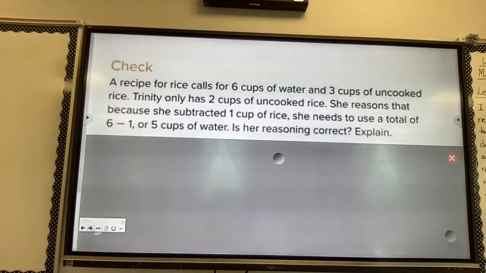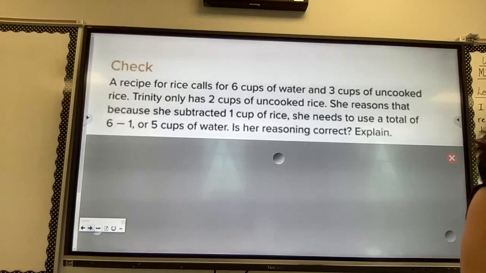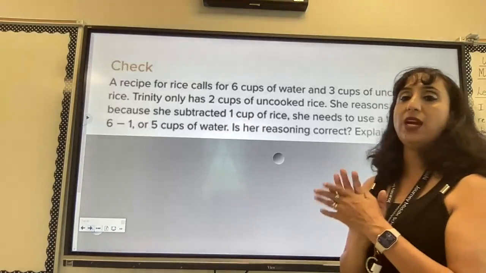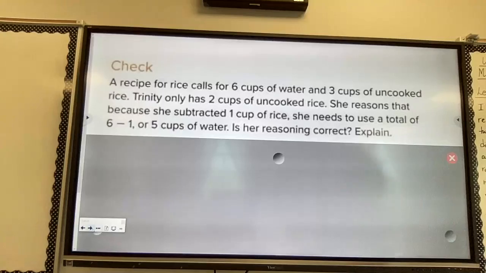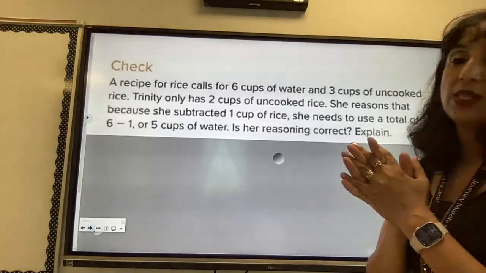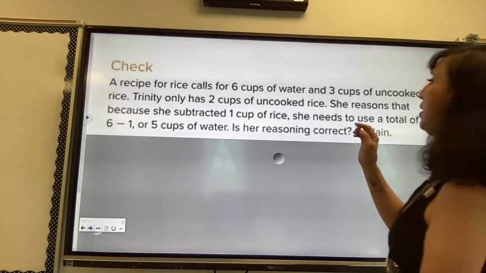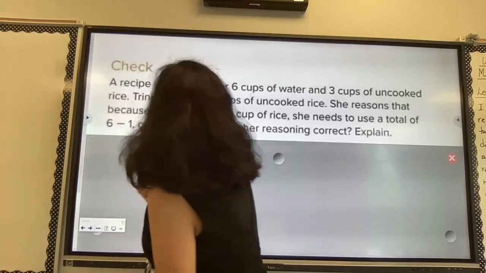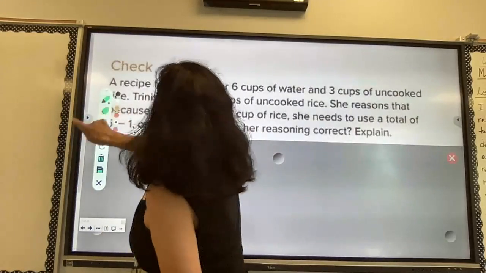All right, a recipe for rice is calling for, let's see, 6 cups of water and 3 cups of uncooked rice. Okay, so 6 cups of water for 3 cups of uncooked rice. And let me just use a different color.